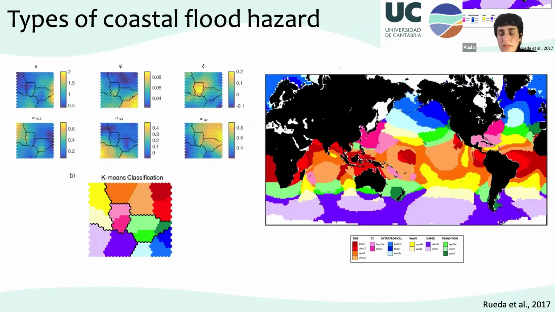And we can see the spatial distribution of these clusters. In this case, we observe that there are certain patterns of coastal flood hazards at a global scale.